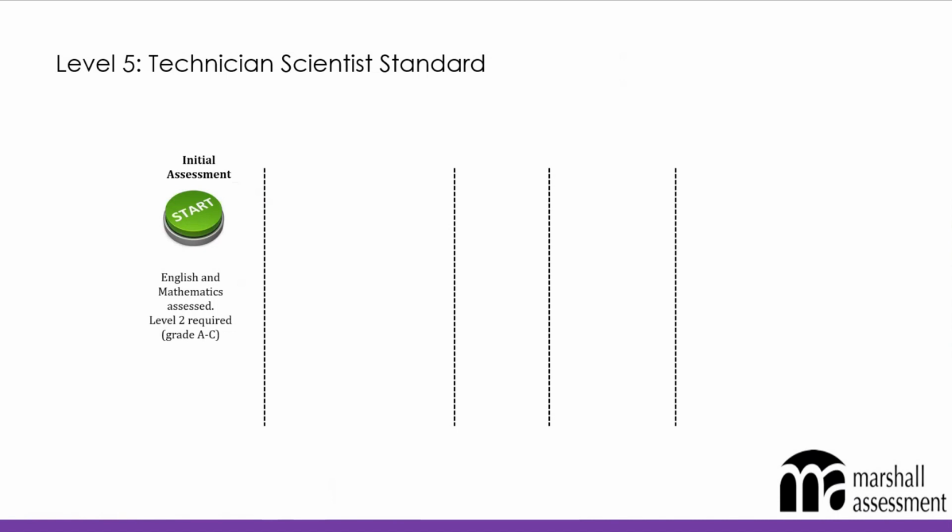And there is a basic requirement that you need to have accomplished level 2, a grade at GCSE of A to C, or at least grade 4, and if not, then you've successfully completed a functional skills course and passed that in English and or maths. So that's right at the start.